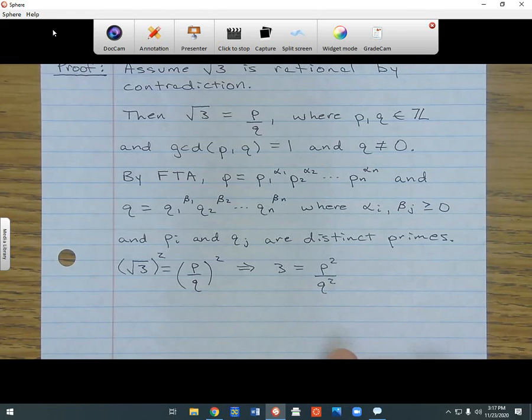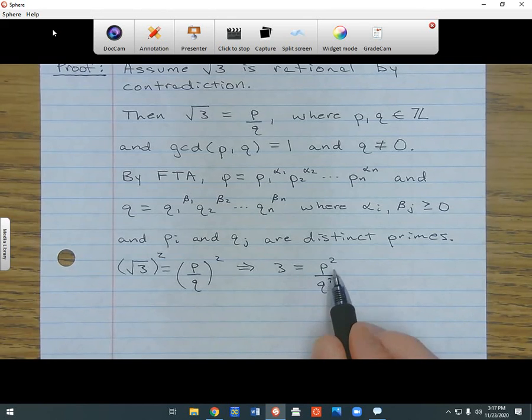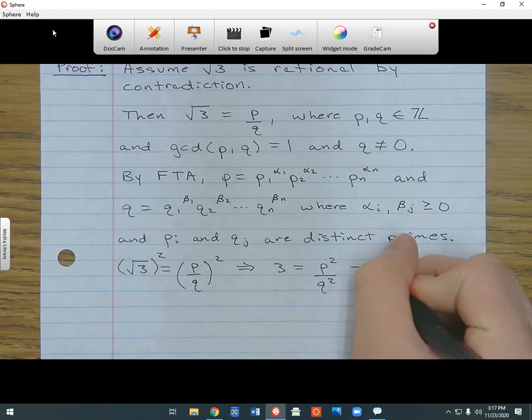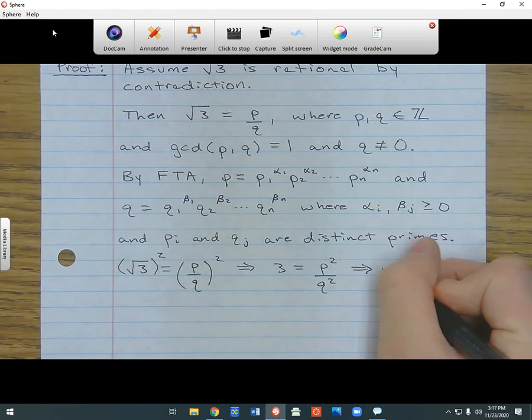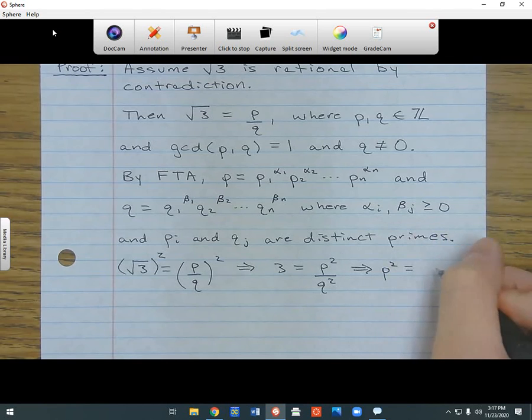And then we can take that and multiply both sides by q squared, so that p squared will be on the right side by itself. So I get p squared is equal to 3 times q squared. Okay?